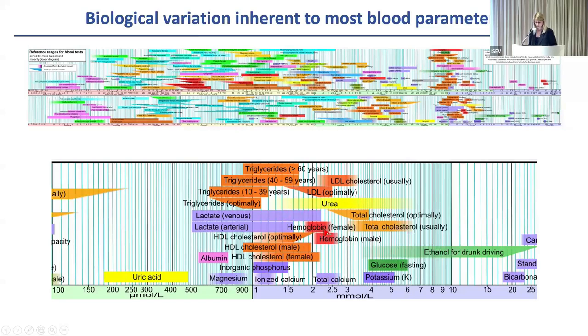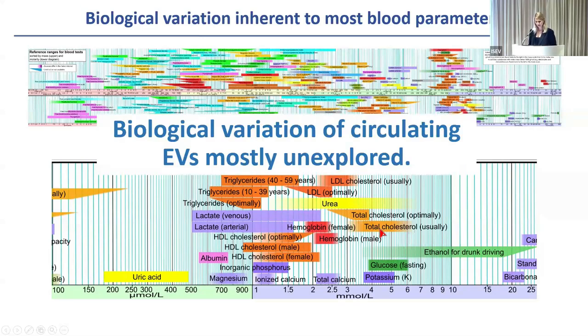For hemoglobin, this is dependent on sex: females have lower hemoglobin reference ranges compared to males. This is known for blood parameters, but for extracellular vesicles this is mostly unexplored, so there is almost no literature on that.